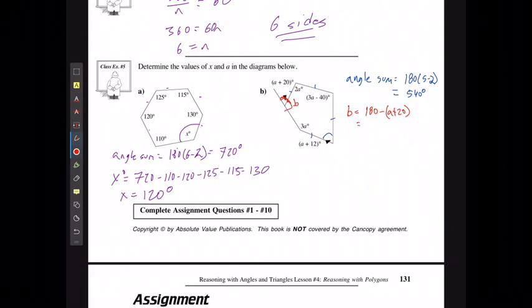Or I could simplify this to 180 minus a minus 20, negative a plus 160. So the inside angle here is negative a plus 160.